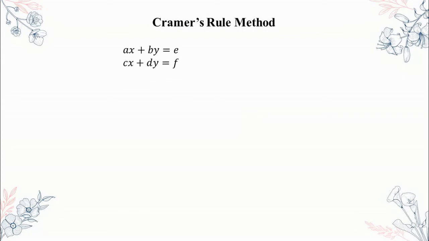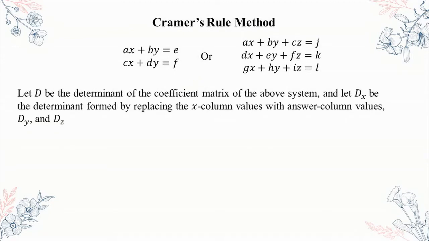So when we have the equation with just two variables, or three variables, x, y, and z, we can use the Cramer's rule method to find the solution of the equation system with three variables.